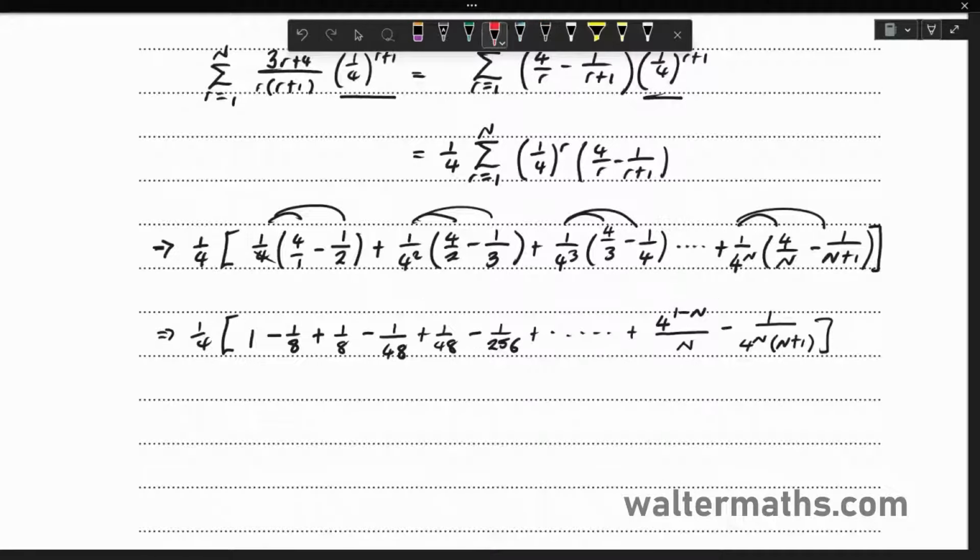Alright, so I think you can see here that these terms in the middle add up all the way, so that should also mean that this one will get eliminated.